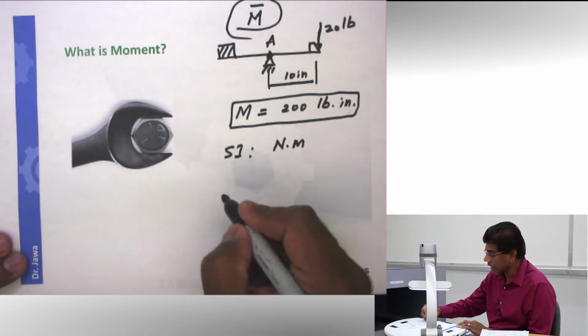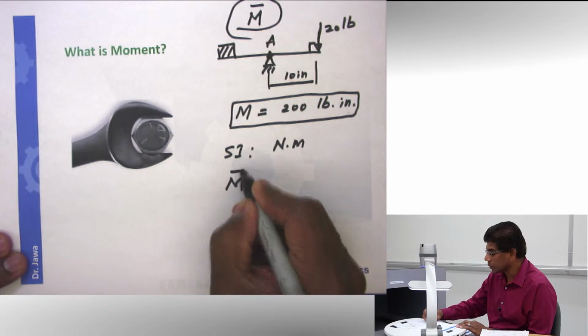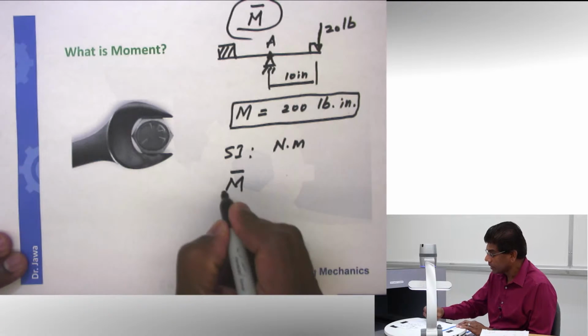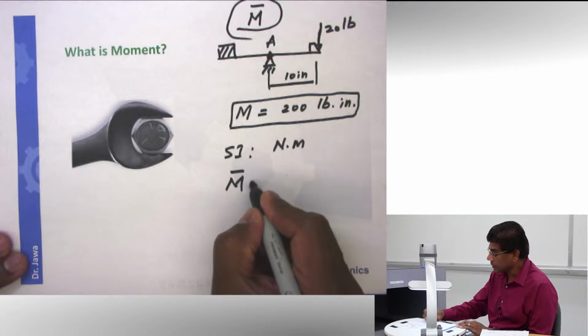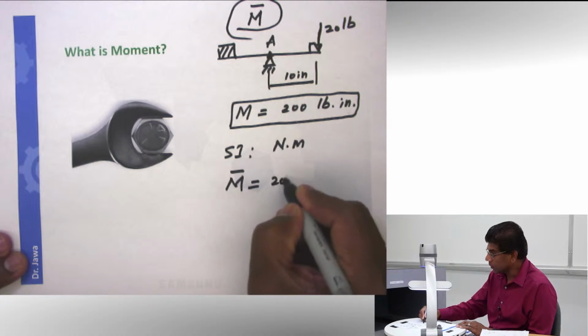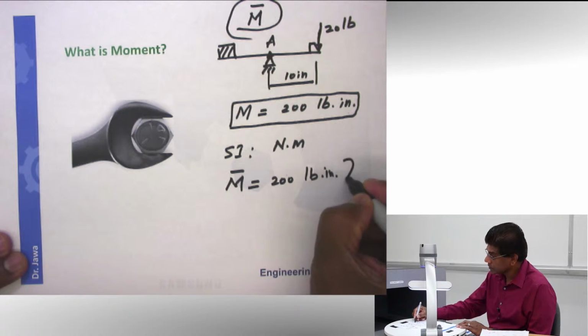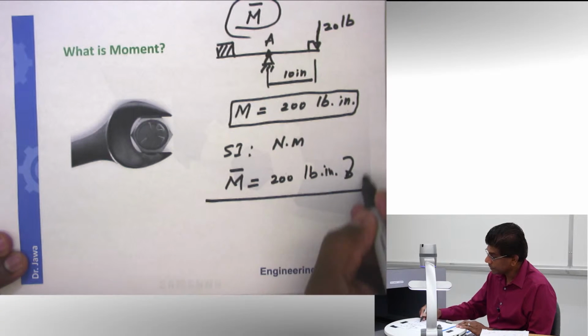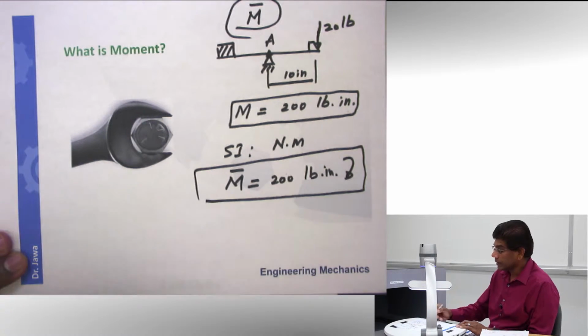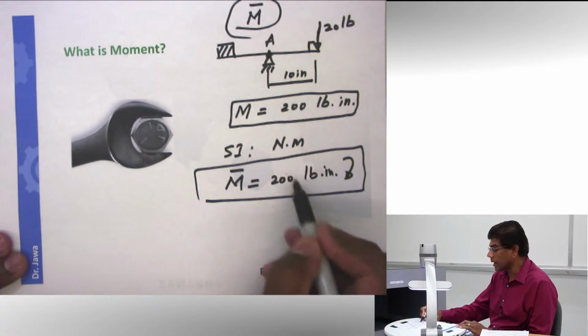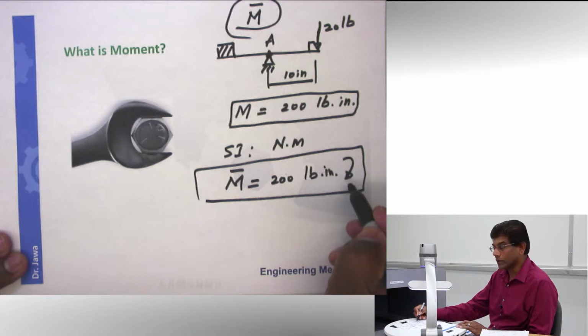So the mathematically correct answer would be: moment vector equal to 200 pound-inches clockwise. All right? That's the correct answer. So I'm specifying the magnitude of the moment as well as the direction.